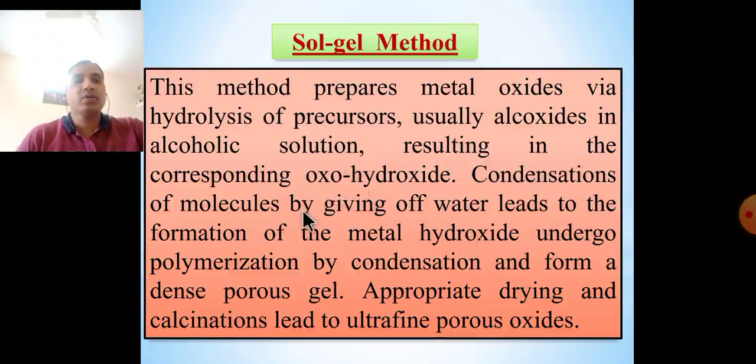Condensation of molecules by giving off water leads to the formation of metal hydroxide, which undergoes polymerization by condensation and forms a dense porous gel. Appropriate drying and calcination, that is heat, lead to ultra fine porous oxide powder being formed.